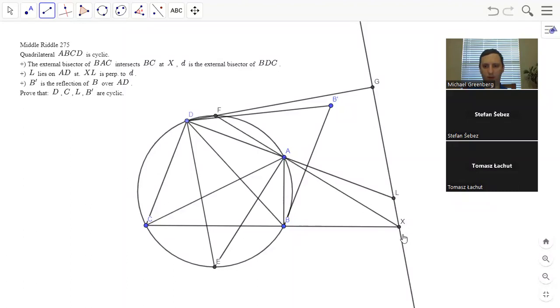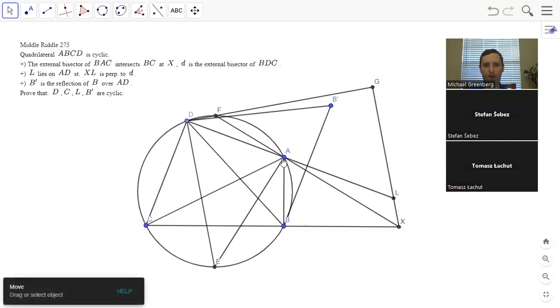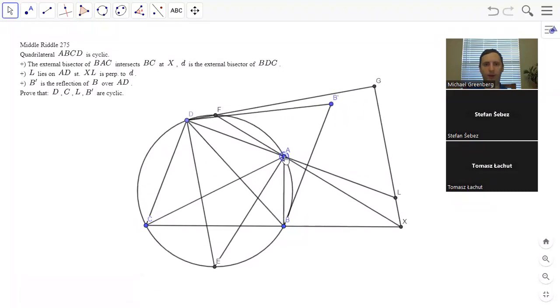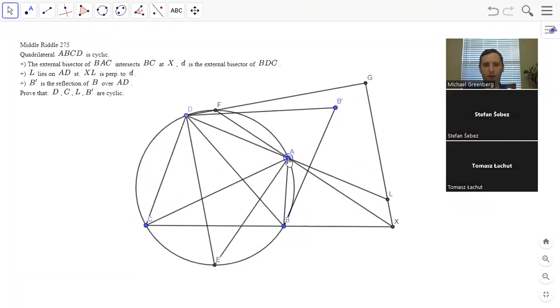All right. So we have both, obviously, BFAE has two right angles.